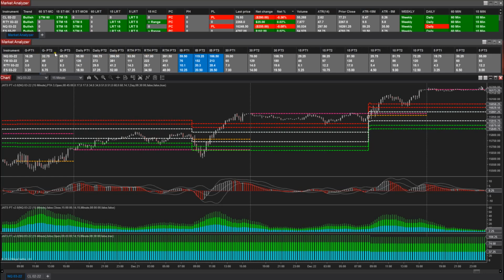So this gives me a complete, microscopic view of what the probabilities and statistics are of what to expect for a range, given volatility considerations.